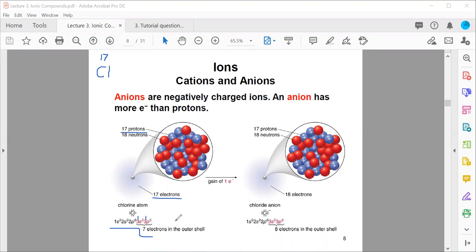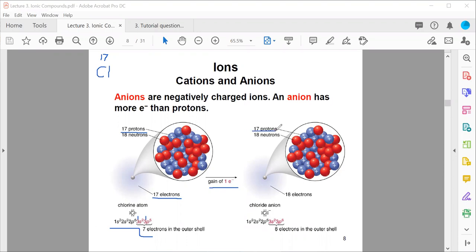Now, for chlorine, the opposite applies. Rather than losing valence electrons, chlorine tends to be that type of element that gains electrons. It will scavenge electrons very strongly from other elements that are more likely to lose their electrons. So when chlorine gains 1 electron, let's look at the result.